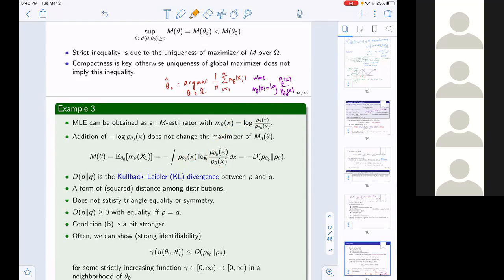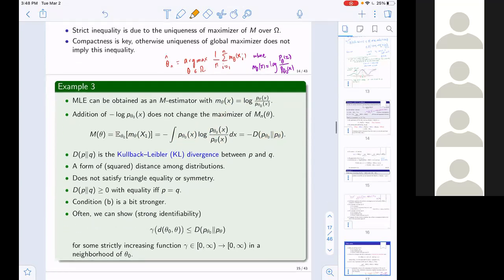So this integral, with a negative sign, is called the Kullback-Leibler divergence between this density and this other density. It is sort of like a squared distance among these densities. It's not the square of a distance metric; if you take the square root of this, it's not going to be a proper metric.